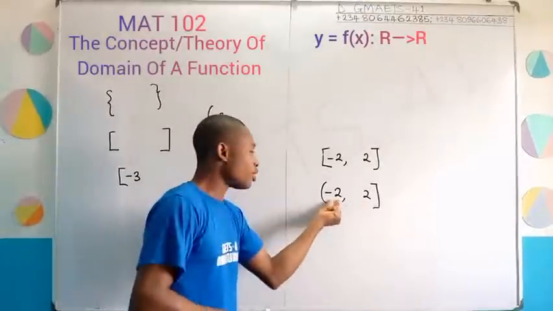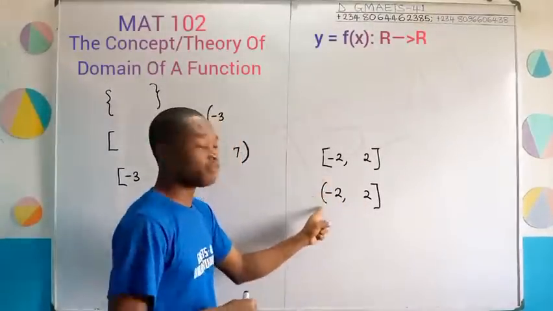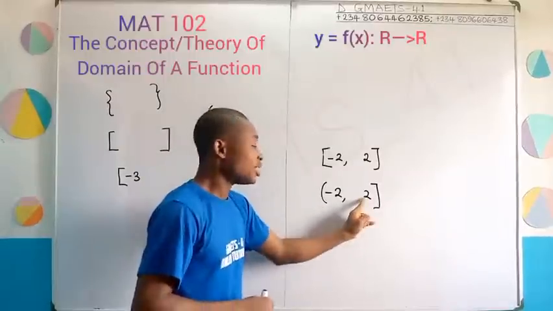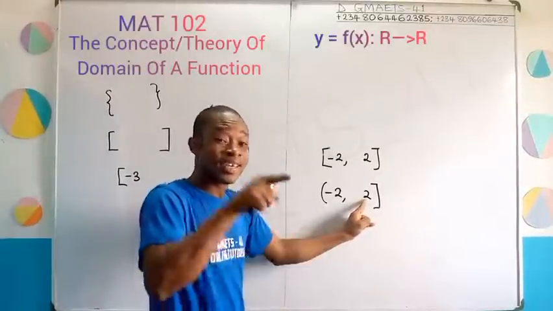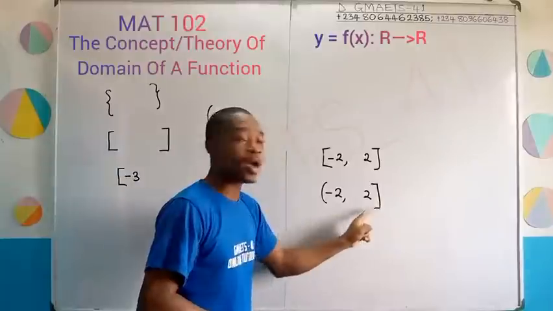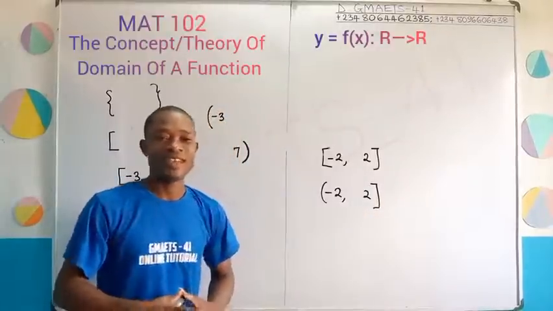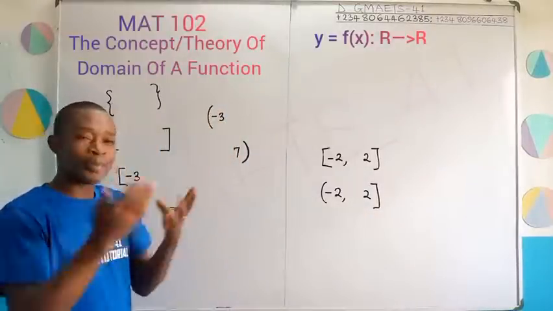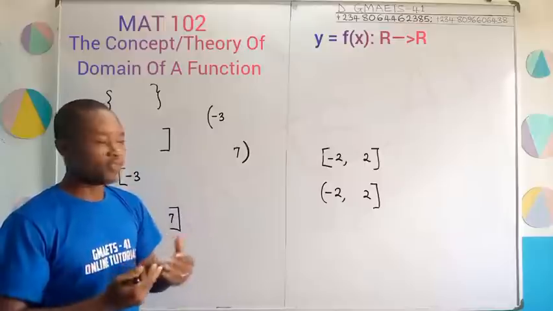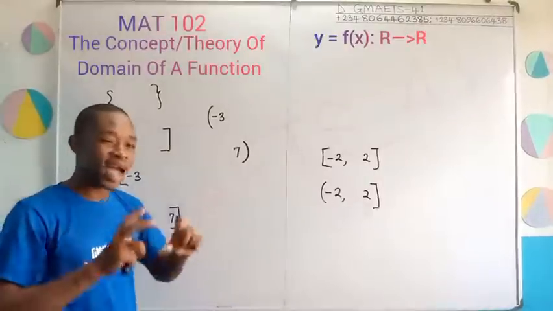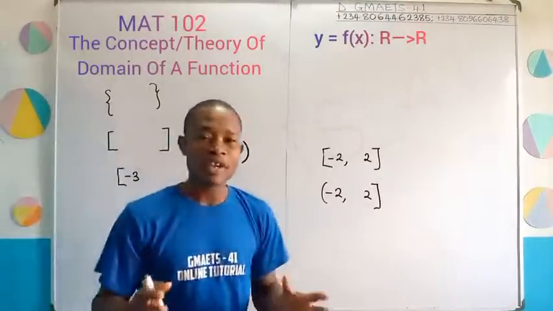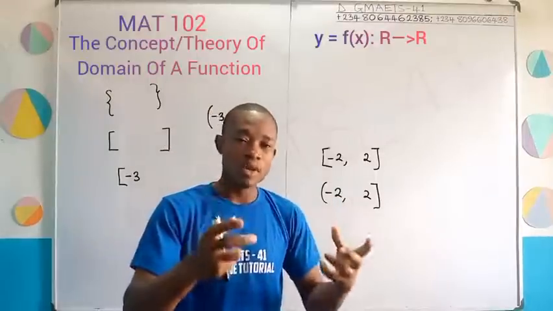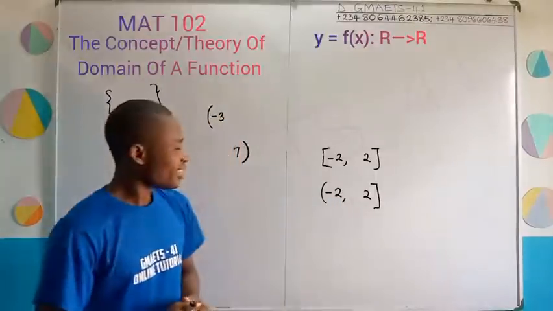Now watch: -2 is not part of it because of this curved bracket, while +2 is part of it because of this square bracket. So that's just the interpretation, are you following, of the concept of these types of brackets used whenever you want to quote the domain of a function.